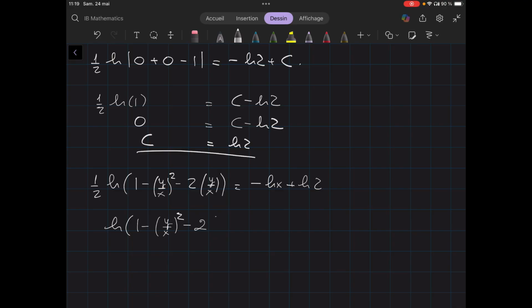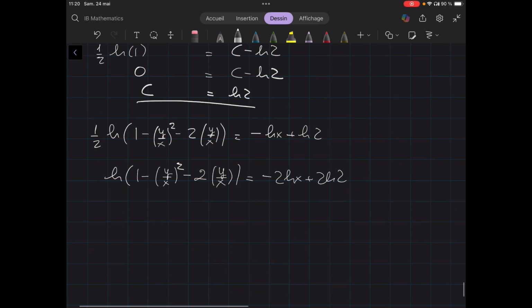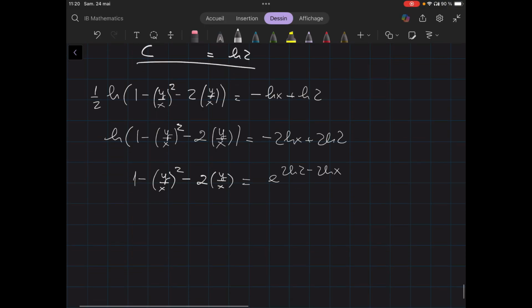As with most differential equations, the hardest part is in the algebra. Exponentiate both sides. On this side, we will have 4 over x squared.